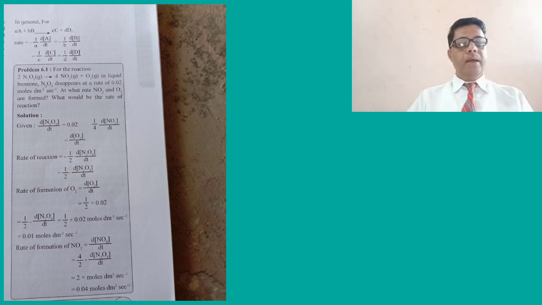Then write the number of moles, or divide by the number of moles. First 1 upon a, second 1 upon b, 1 upon c, 1 upon d, and then write the change in concentration per unit time of that particular species.